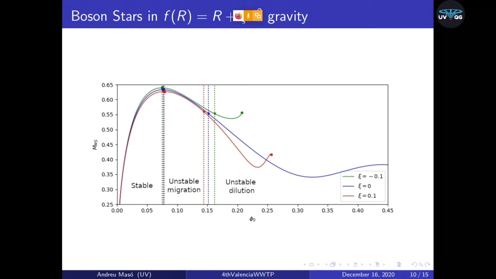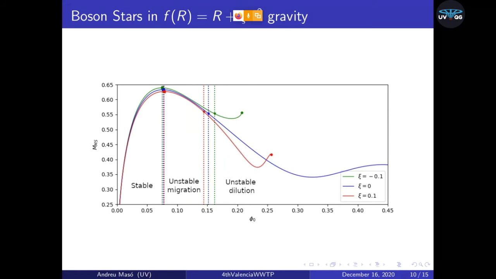In GR, we find three different fates for the boson stars depending on their mass and their particle number. One is long-term stable, another is unstable and will migrate to a stable solution. And the last one is unstable and ends with the dilution of the boson star.